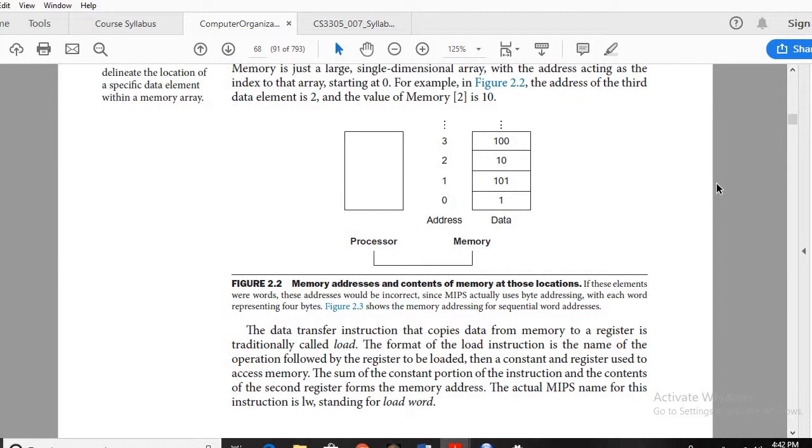The format of a load instruction is the name of the operation followed by the register to be loaded. Then a constant and register used to access memory. The sum of the constant portion of the instruction and the contents of the second register forms the memory address. The actual MIPS name for this instruction is lw, standing for load word.